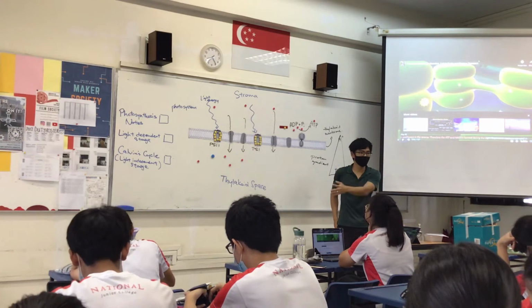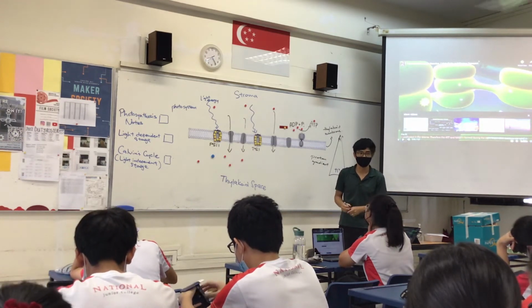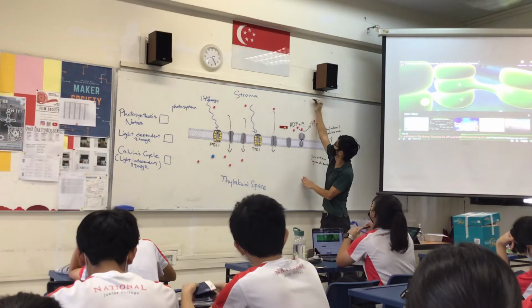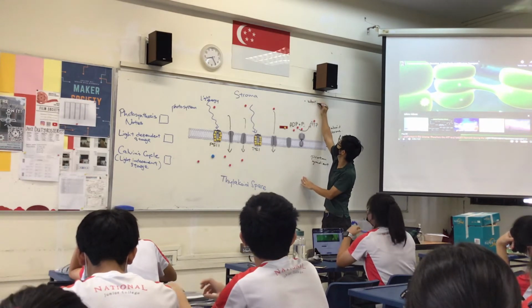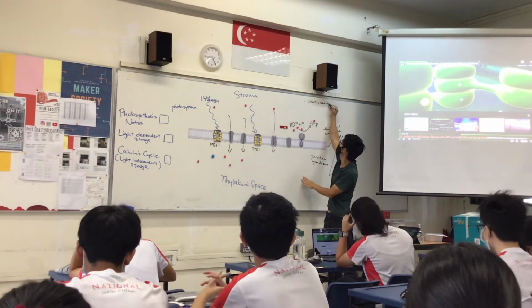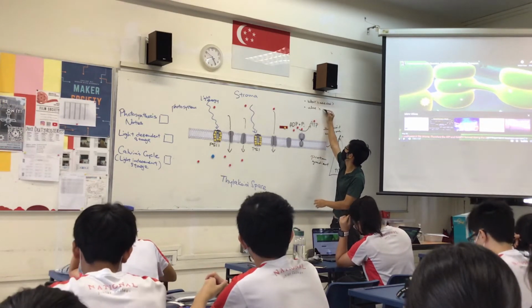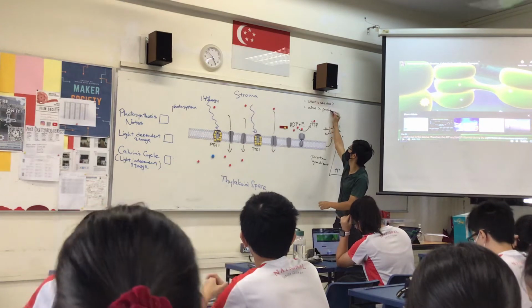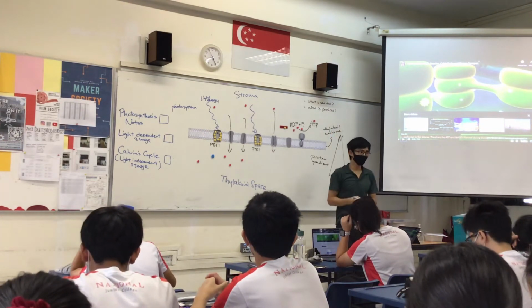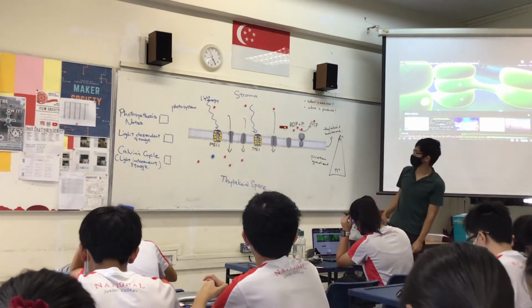So just a quick practice for yourself, since we're looking at interactions. Can you write down what is needed? What is produced? Okay. What is needed? What is produced?